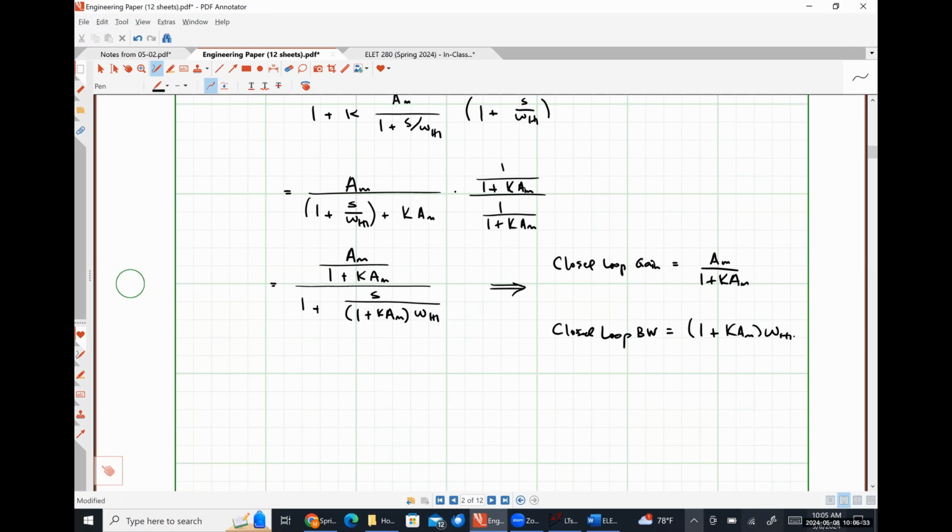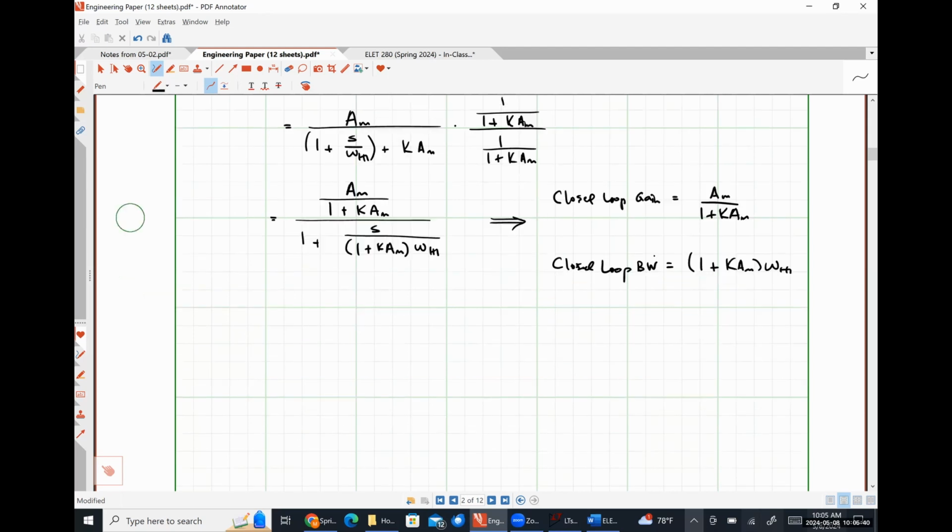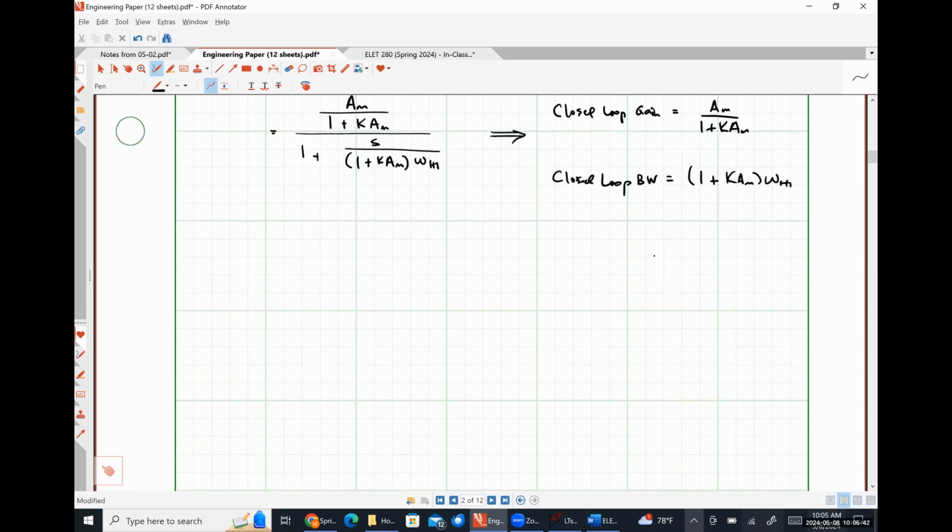Now, whether you guys realize it or not, you've literally done this before numerous times, right? So if we were to look at the frequency response of an op amp, so let's call this F, and let's call this the magnitude of A1 as a function of omega.